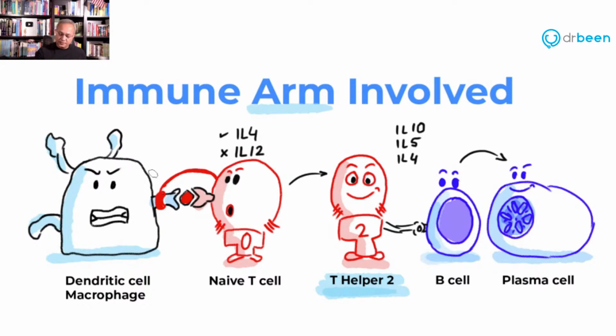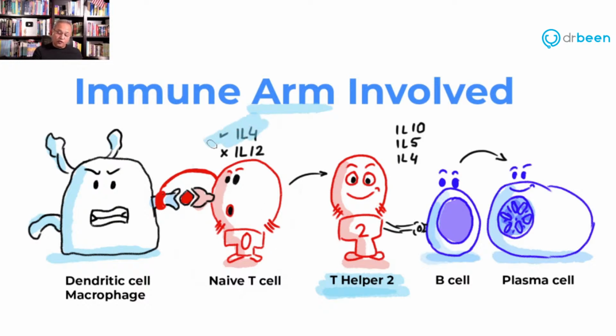So if you see here, on this side, we have the innate arm. This may be a dendritic cell, this may be a macrophage. Once the allergen or pathogen, whatever is going to trigger these cells, is received in the body, these cells would activate the adaptive arm. In the adaptive arm, the very first cell is going to be the naive T cell. When the naive T cell connects with a macrophage or dendritic cell, there is a co-stimulation that occurs.